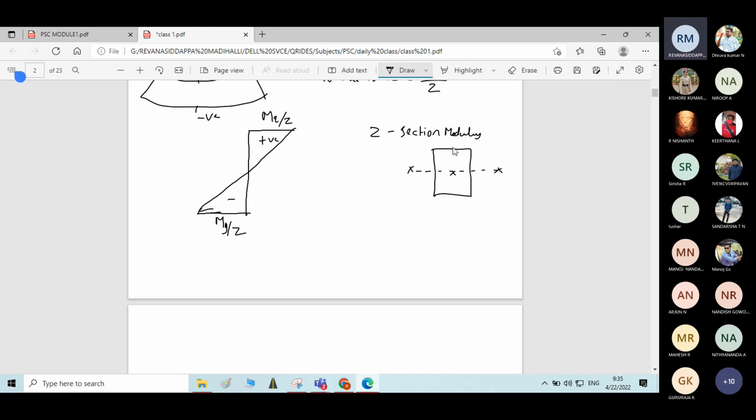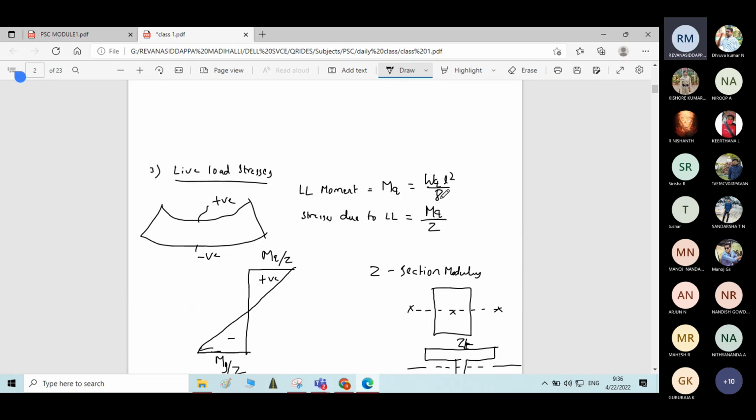If you have a section which is not symmetric about the x-axis, in that case you will get a different section modulus with respect to the top fiber.